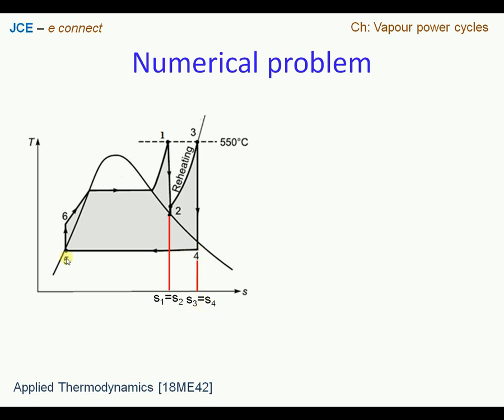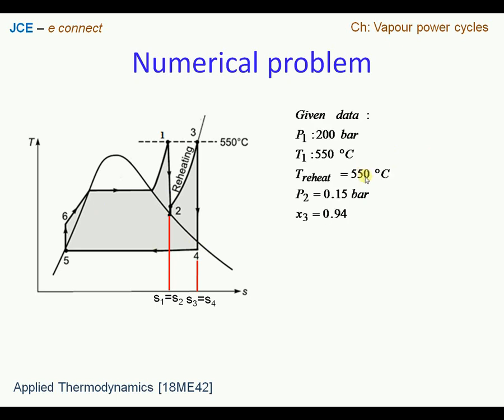From state point 4 to 5 we have the heat rejection process in the condenser, from state point 5 to 6 is the pump work input, and from state point 6 to 1 is the heat added in the boiler. So this is about the cycle. Now let us list the given data. We have the boiler pressure as 200 bar, and the temperature at which the steam is supplied to the turbine at state point 1 is 550 degrees Celsius, and the temperature at the end of reheat is 550 degrees Celsius.